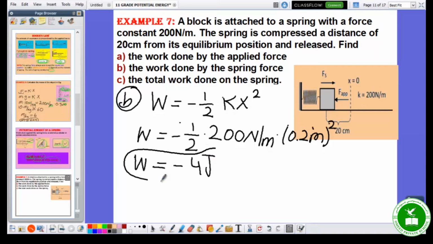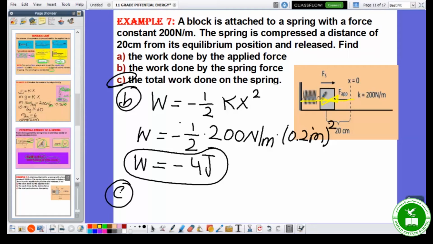It means the spring is working against the applied force. C part. Applied force does work on this side, and the spring does some work against this.